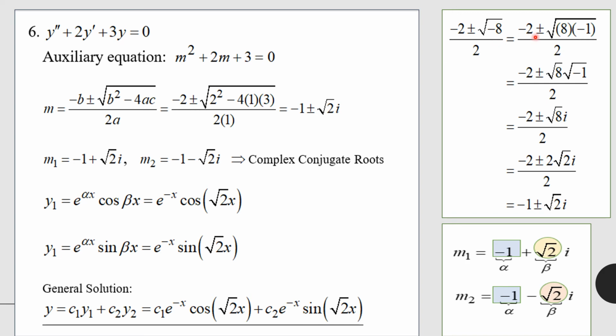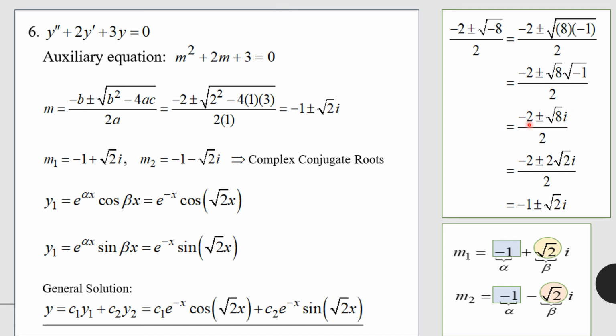Negative 2 plus or minus, now we know that negative 8 is 8 multiplied by negative 1. And we can split this into a product of two radicals, or two square roots. It will become like this, the square root of 8 multiplied by the square root of negative 1. But we know that the square root of negative 1 can be changed into i.